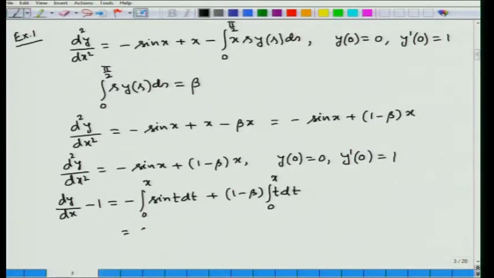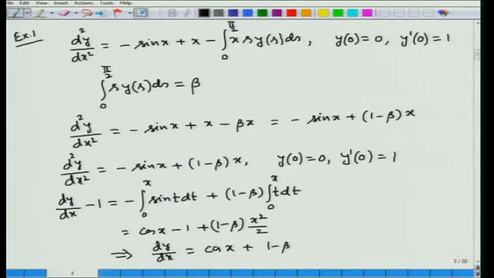After integration, this comes out to be cos x minus 1 plus (1 minus beta) multiplied with x square by 2. So, cancelling minus 1 from both sides, we can write dy/dx equal to cos x plus (1 minus beta) x square by 2.